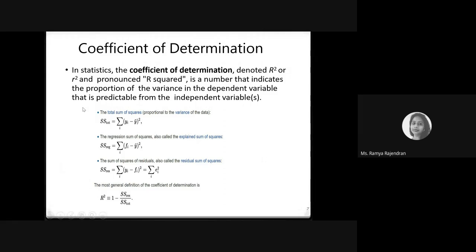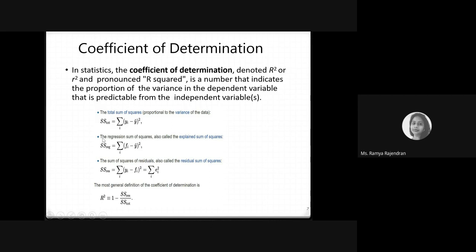So the total sum of squares is nothing but y minus y bar. You find the deviation of the y variable from the mean, square it, and then sum it over all the y values. That is called the total sum of squares.